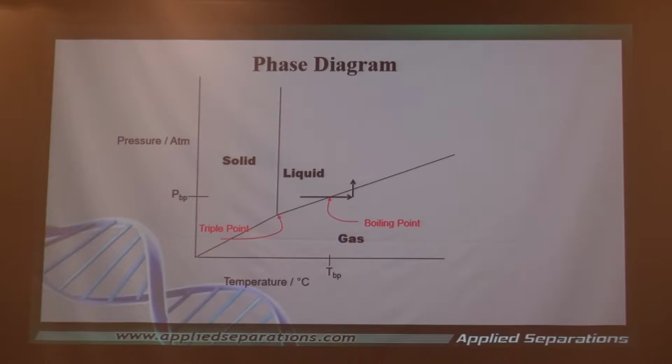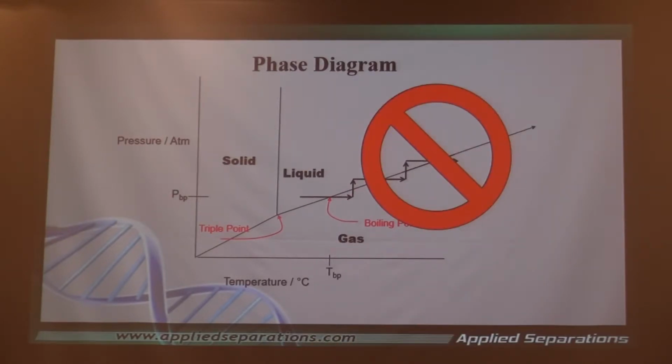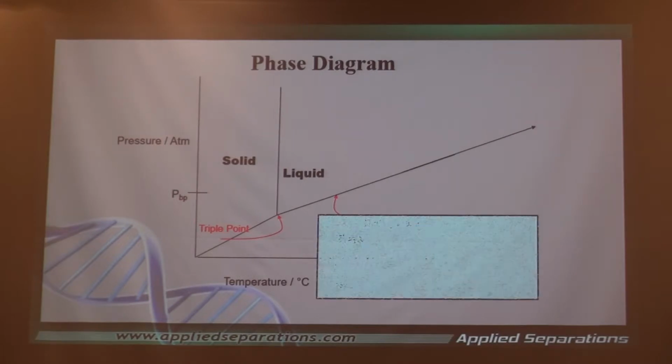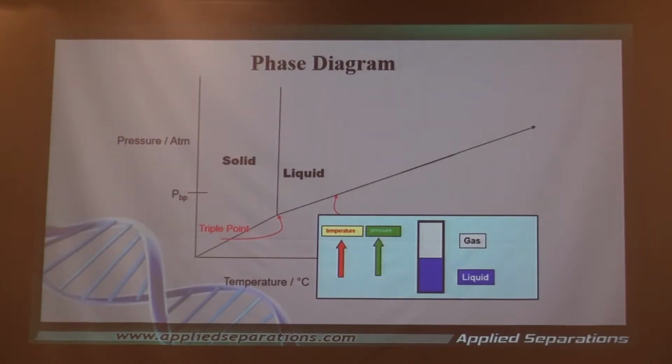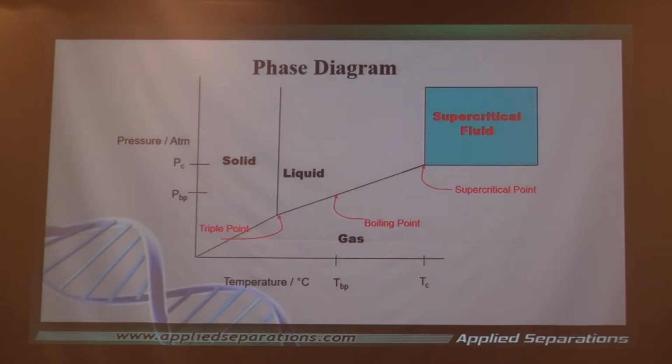We increase the pressure again, and it goes back to being a liquid. We seemingly could do this forever, but we can't. As we found out with de la Tour, as you increase the temperature and the pressure, you reach a point where we have a single phase, the supercritical point. We reach the supercritical point, for whichever compound we're dealing with, at its critical temperature and its critical pressure.